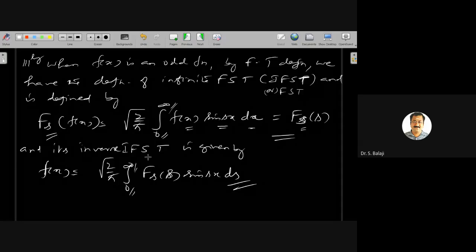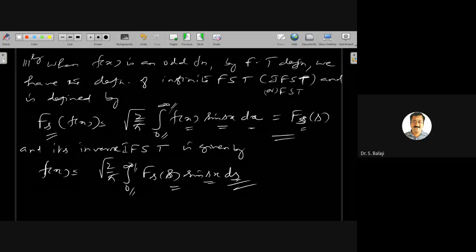Its inverse, the inverse infinite Fourier sine transform, is given by f of x equal to root of 2 by pi, integral 0 to infinity of Fs of s sin sx ds.